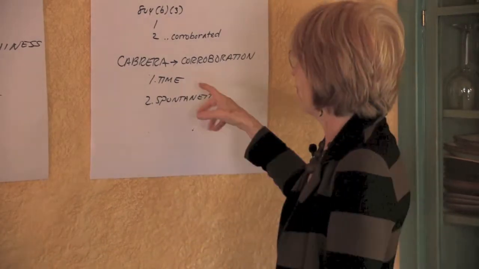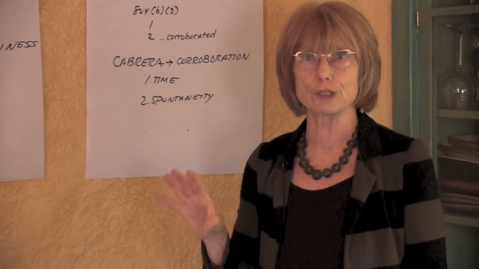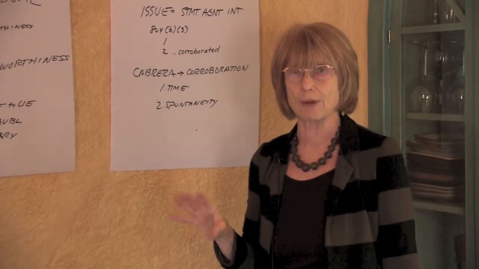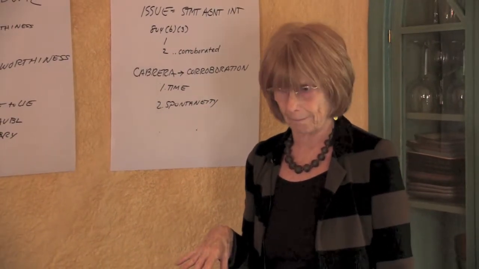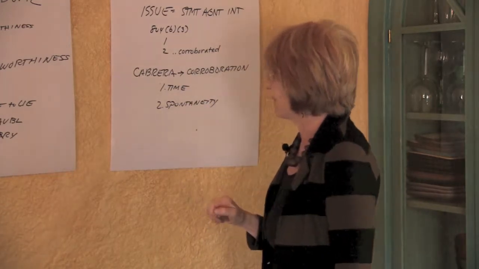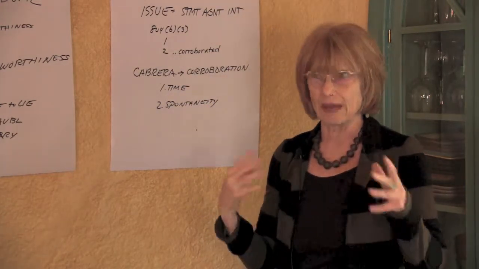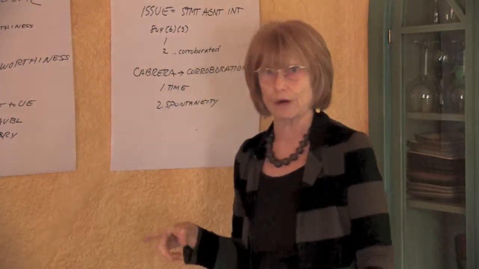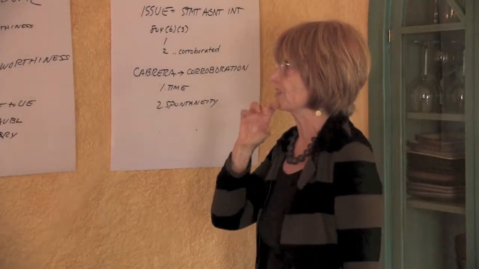And here, as I said before, the time was very, very short between the grand jury testimony and the voicemail message to the lawyer, and the spontaneity. Again, similar to spontaneity here, it was not a rehearsed statement at all.